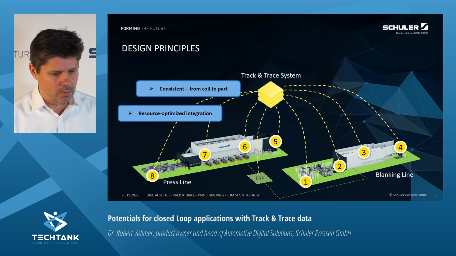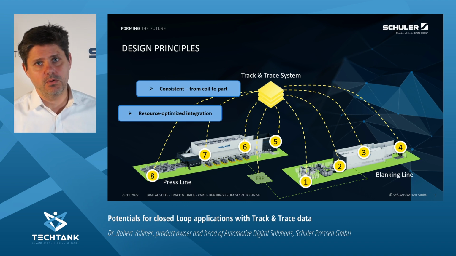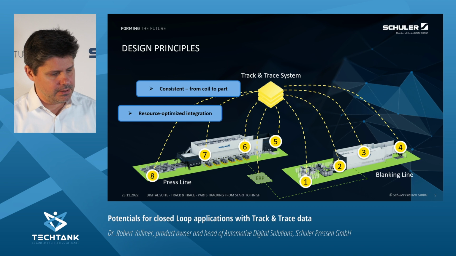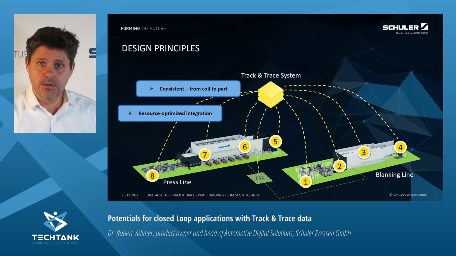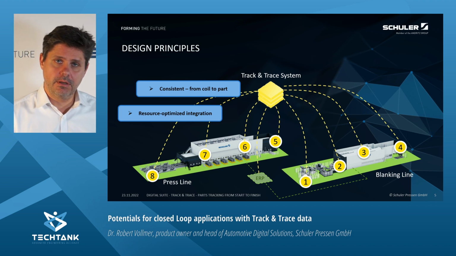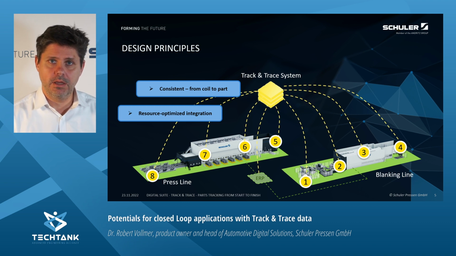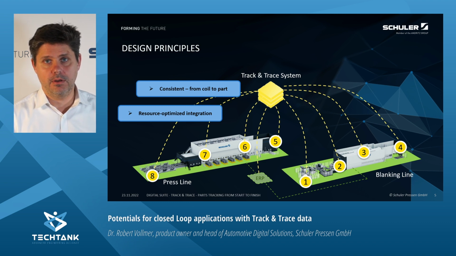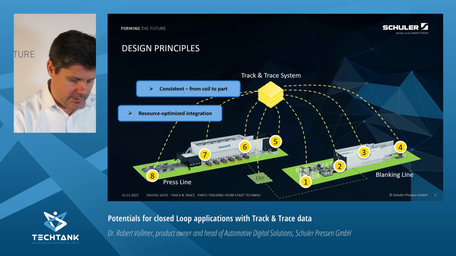We also tried to do a resource optimized integration. What does that mean? We currently have a lot of processing on our PLCs, and we do the integration in such a way that we add a lot of functionality into these PLCs, a resource optimized integration in our production lines.